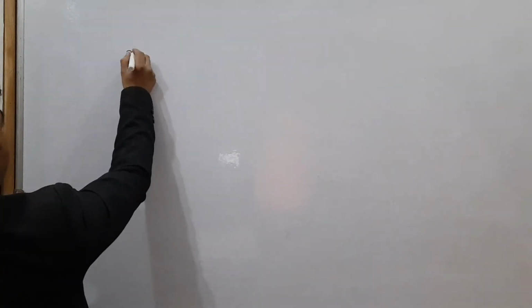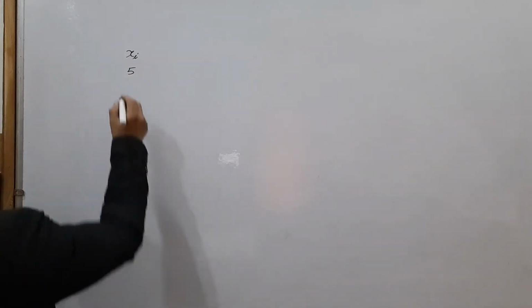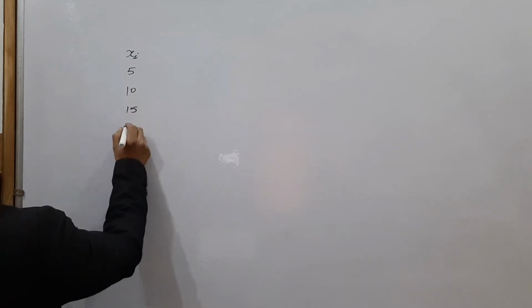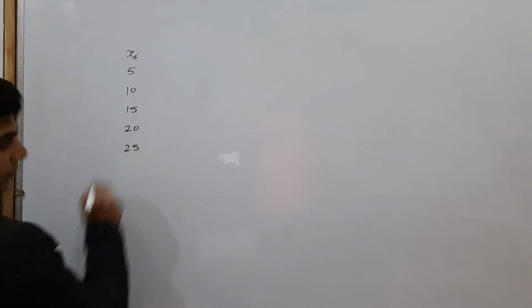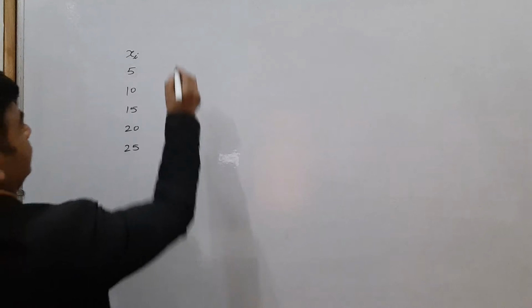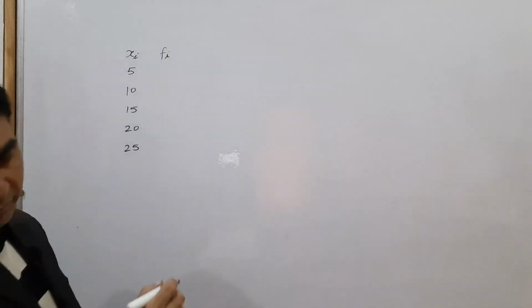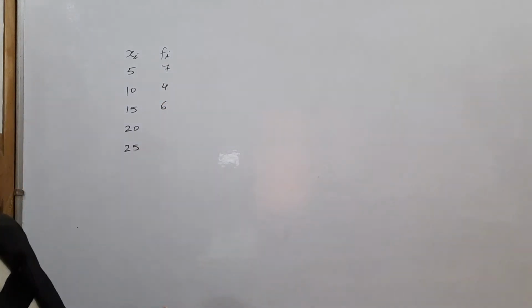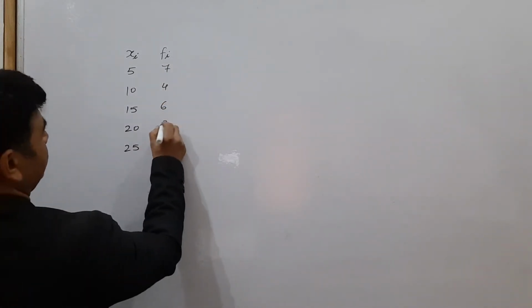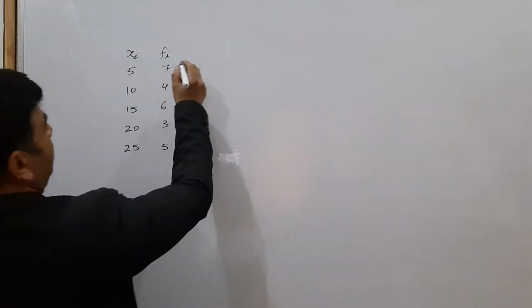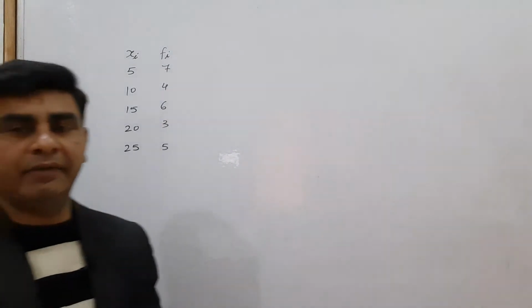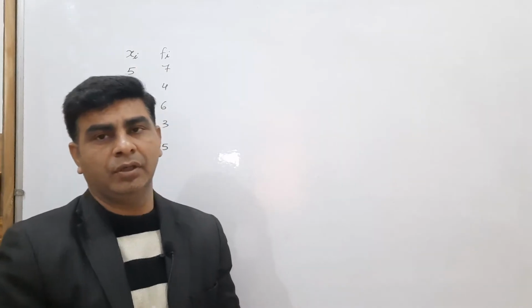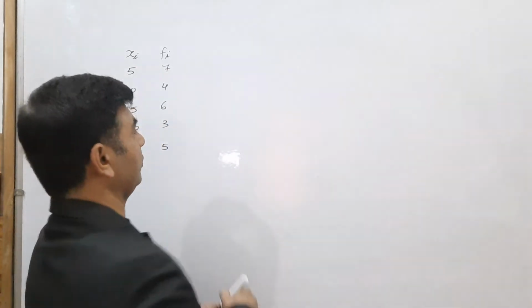So first is your xi, given to you as 5, 10, 15, 20, 25, and the value of fi is given to you as 7, 4, 6, 3, 5. This is fi. Because we want to find the mean deviation about mean, तो उसके लिए बच्चों पहले हमें mean निकालना होता है. फॉर्मूला में लिख देता हूँ यहाँ पर.